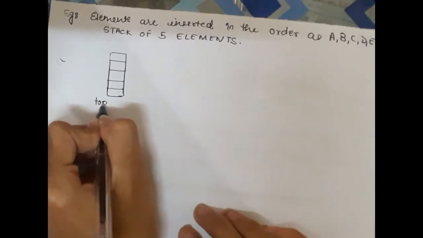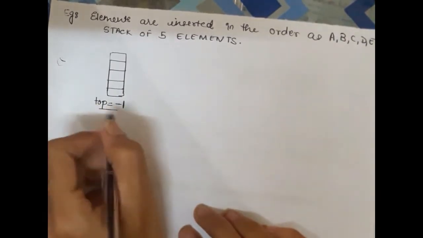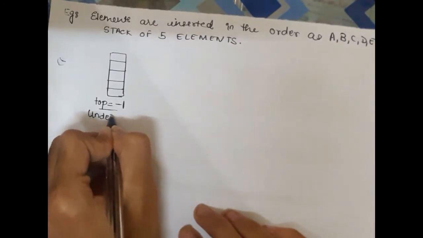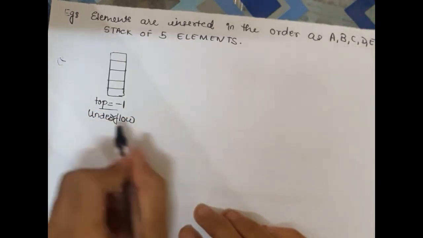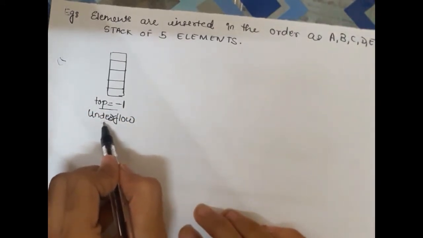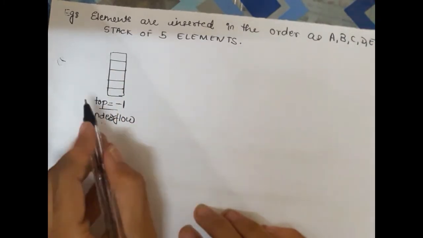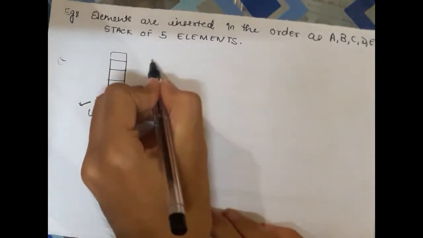Initially top is at -1. This is the initial condition and it indicates stack underflow, which means the stack is empty. And when this condition is true, then only we can insert elements into the stack. So now we can insert an element into the stack.